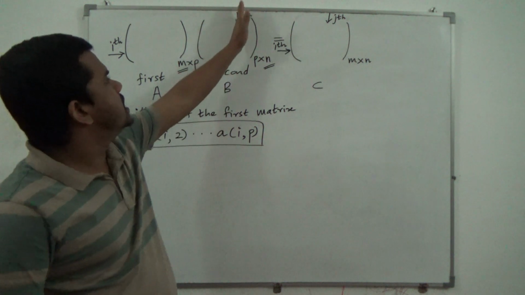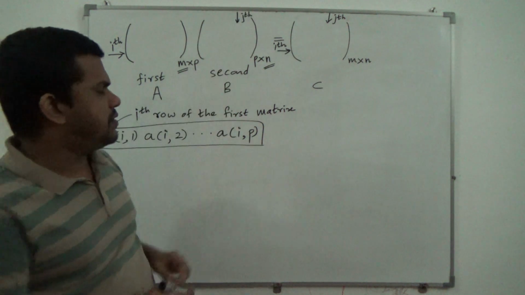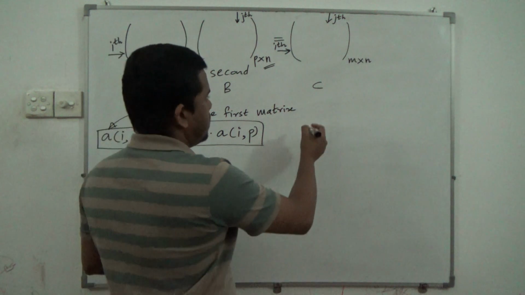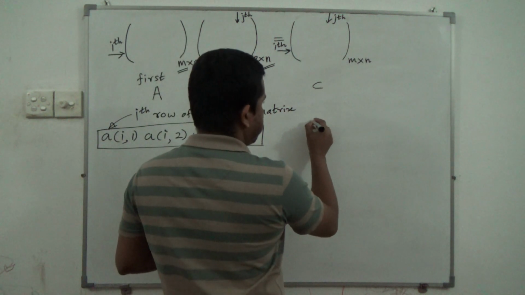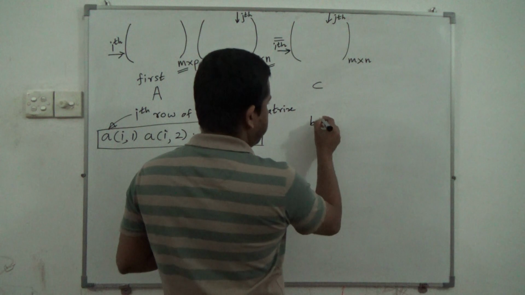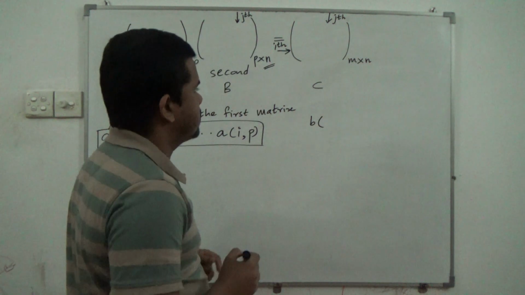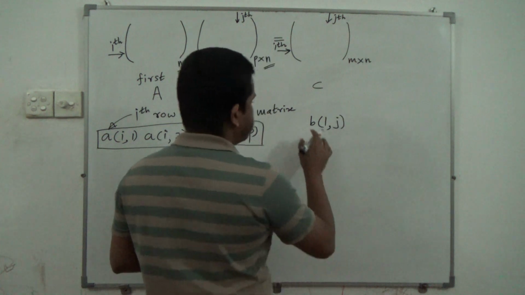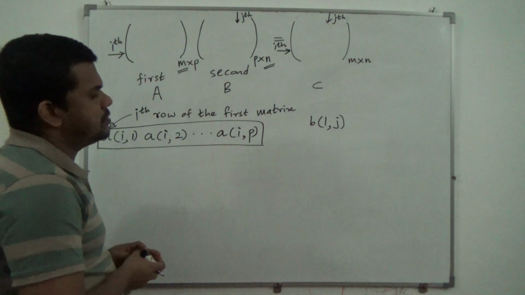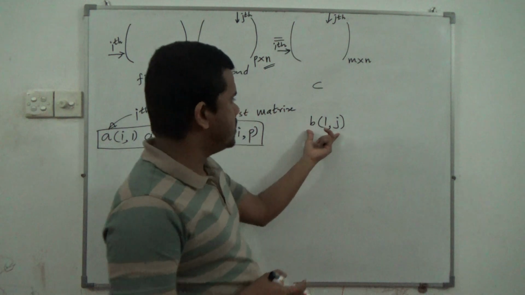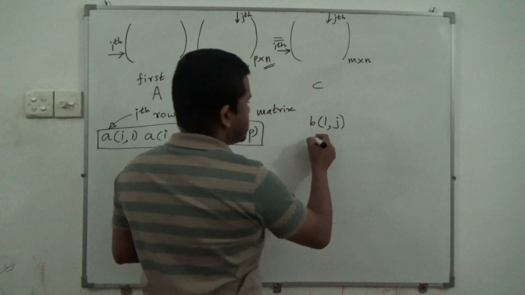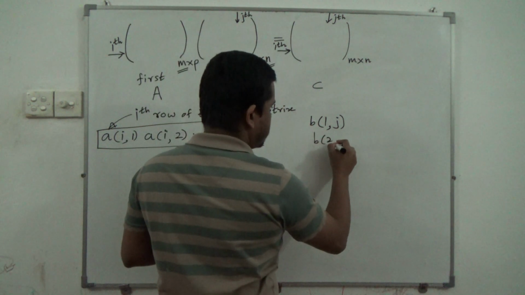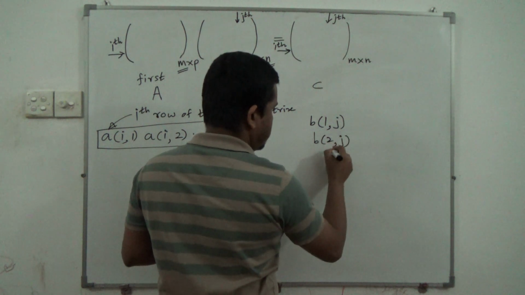Now the elements in the jth column of the second matrix. Here b 1 comma j, this is the first element in the jth column. So the second element is b 2 comma j.